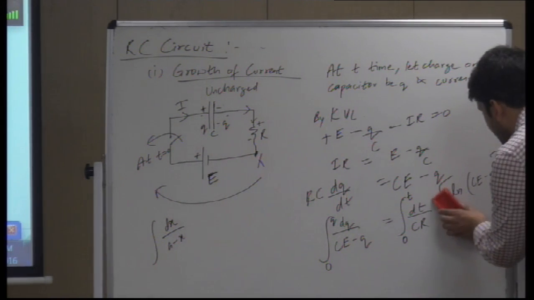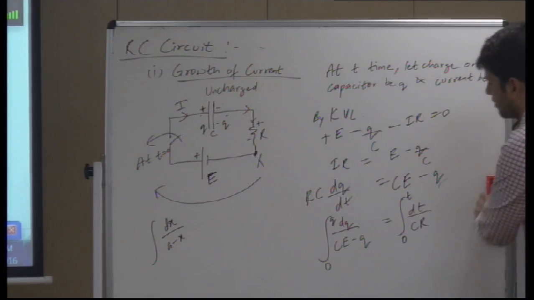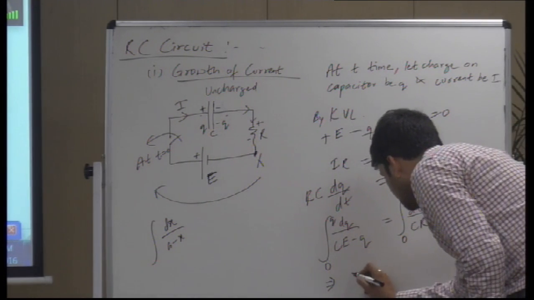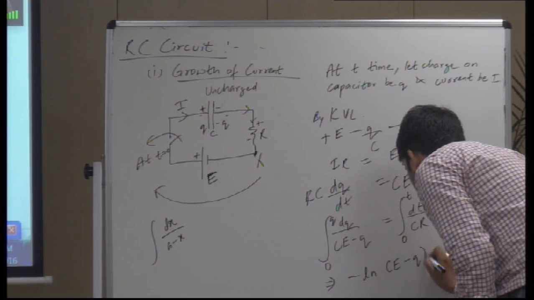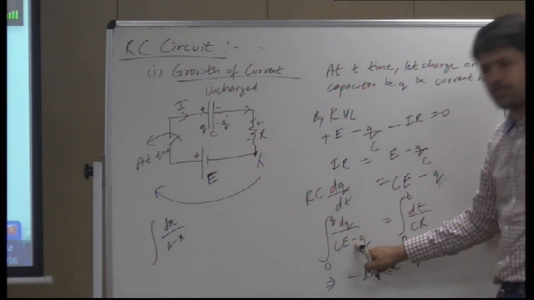I will not write it here, it has become very crowded. Okay. This is minus ln (CE minus Q). Why minus? Because the coefficient of Q is negative.